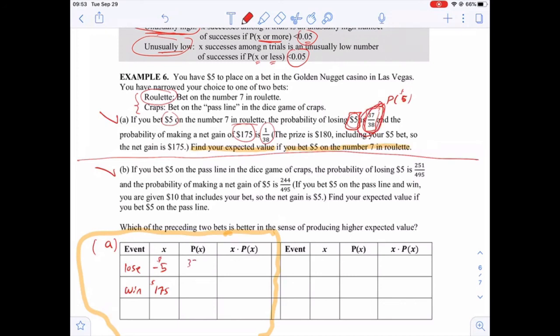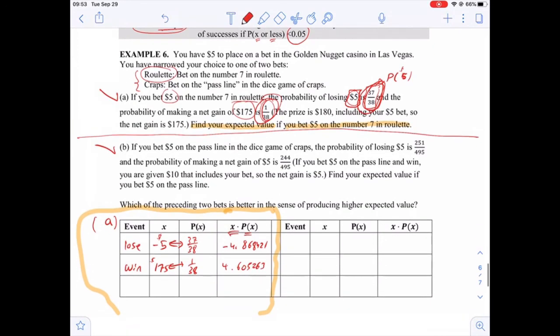It's 37 over 38. What is the probability of winning $175? It's 1 over 38. Now what is x times p of x? We just multiply those. When we multiply the first row, we get negative 4.868421. And when we multiply the values on the second row, we get 4.605263.